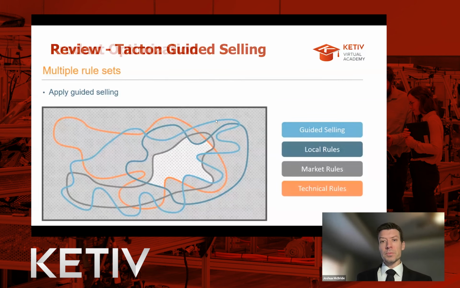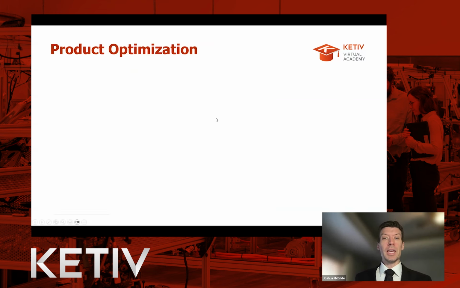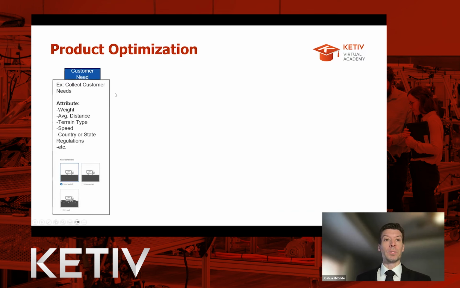So with product optimization, what we're able to do is we've collected the customer needs. We've now narrowed that field of possible configurations, but we still have a set of possible configurations, not just one configuration, right?